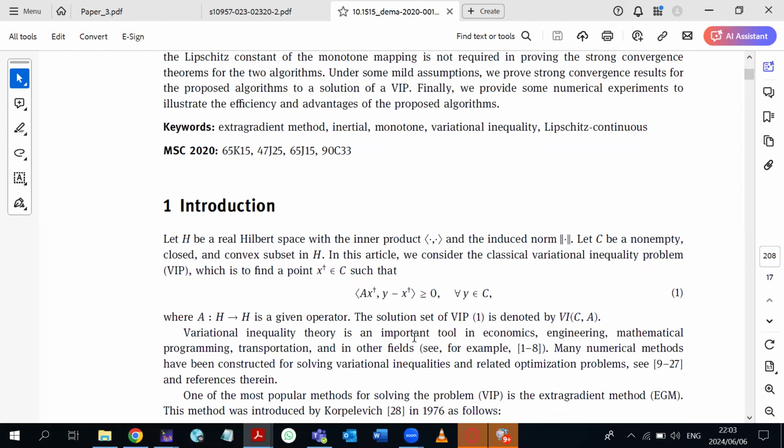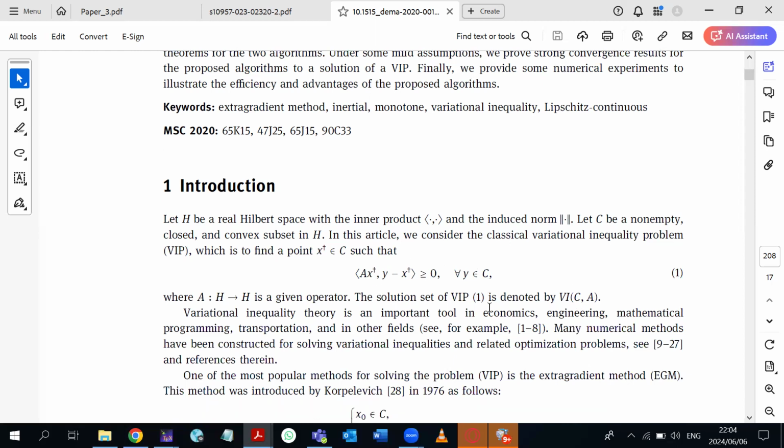You are going to find out all those definitions and the likes across board. So it just seeks a point x in C such that the inequality constraint in 1 is satisfied. So in a variational inequality problem.